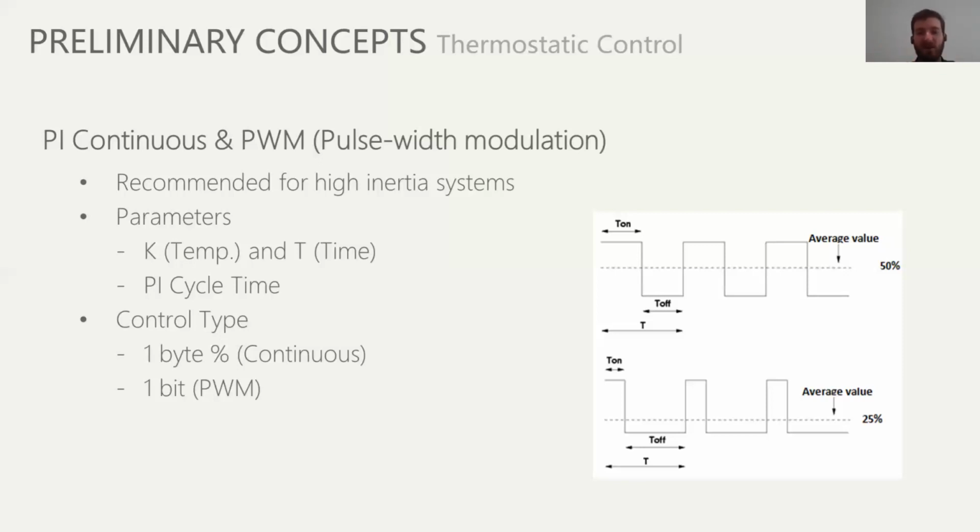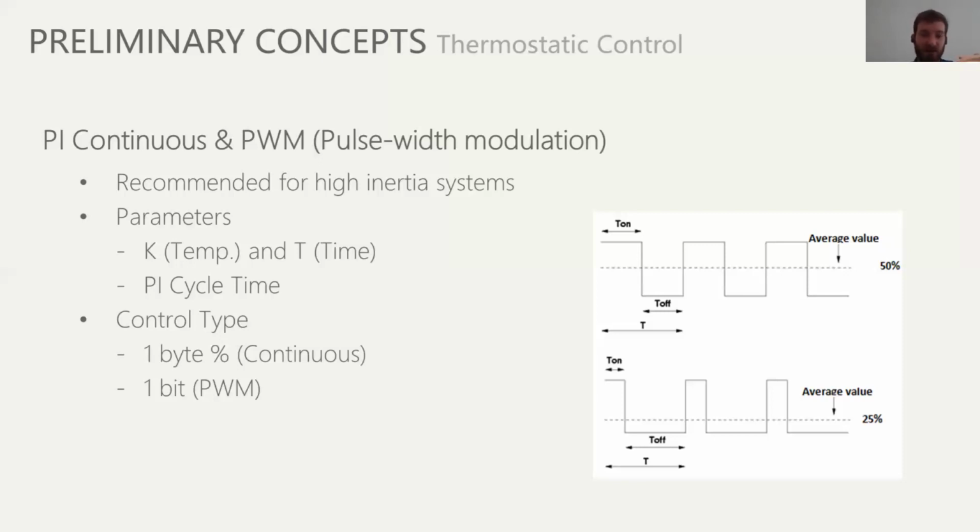So the PWM is converting that 1 byte signal into 1 bit, in the given time. So say you've got a PI cycle time of 15 minutes, and you had a PI output of 50%.